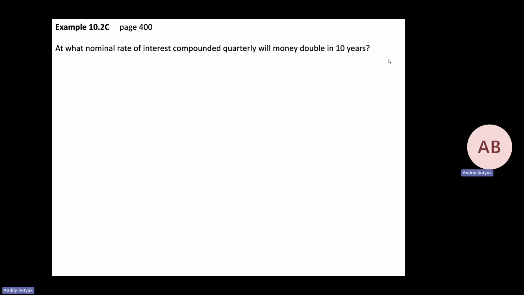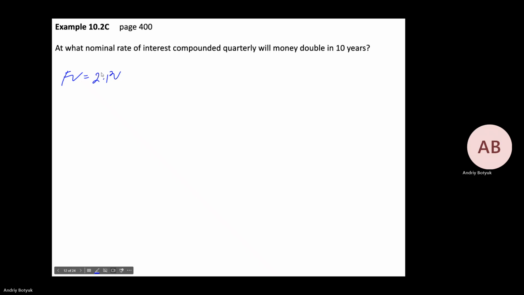So what I have is that my future value is 2 times present value. Correct? Compounded quarterly, money doubles, 10 years. T is 10 years. Okay. J4, that's what I'm looking for. So let's start with the formula first.